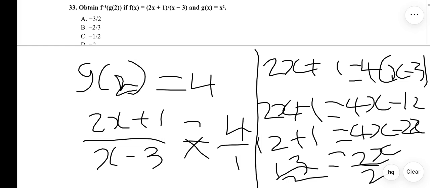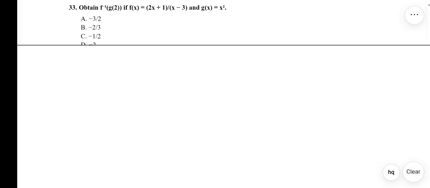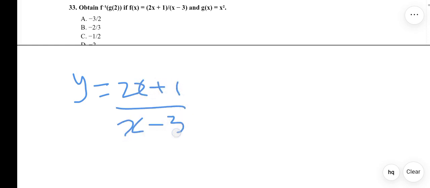So if you want to use the normal method we used to use, this is how we use it. Remember, our answer is 13 all over 2 for our x. So if you want to use the normal method, we'll do it like this. We'll first find the inverse of the function. We'll say let y equal to 2x plus 1 all over x minus 3.